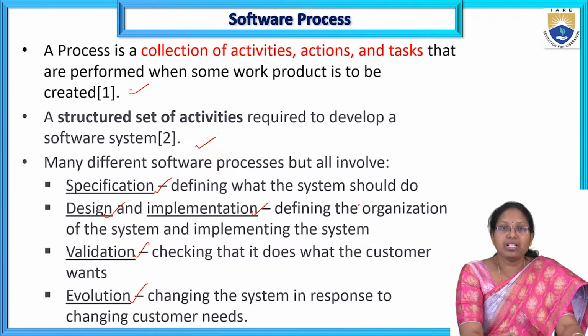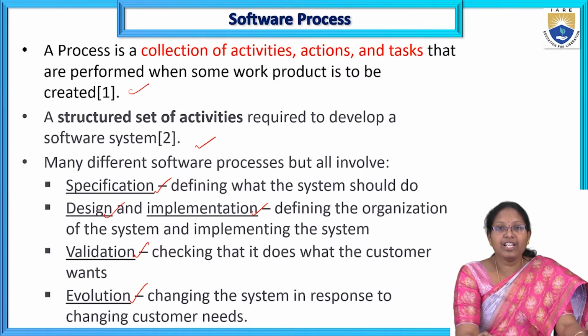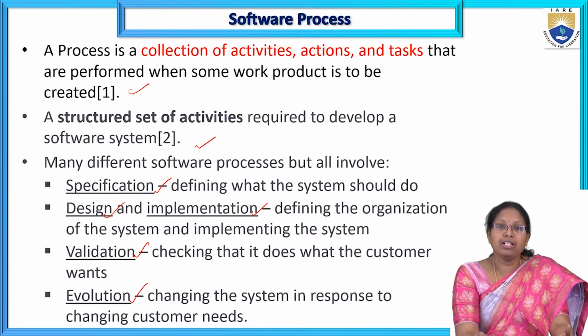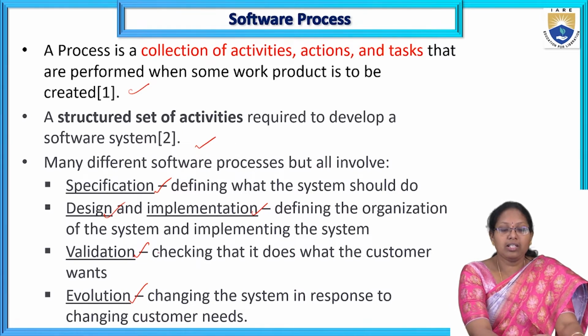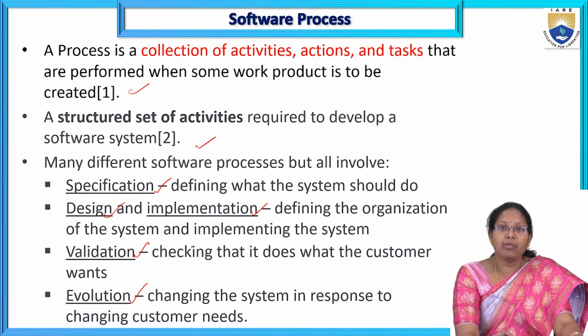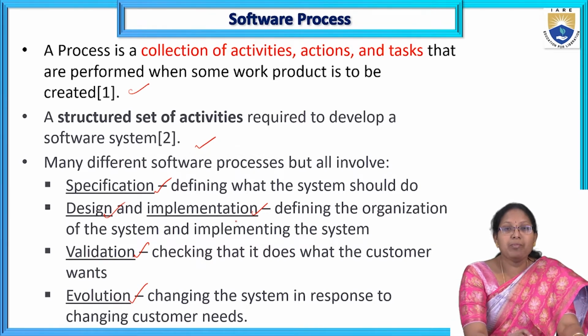Once the specifications are over, we define the organization of the system, how one system is connected to other systems, as well as what subsystems need to be put in the complete system. As well as implementation: how we can implement the system and what programming languages are needed. Those are there in our design and implementation activity.